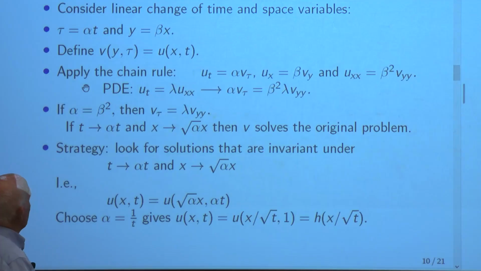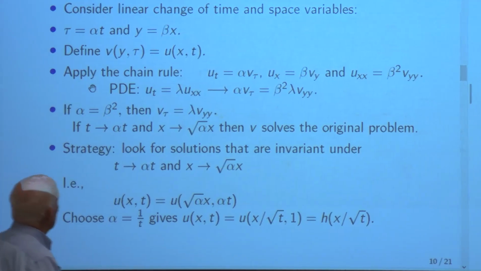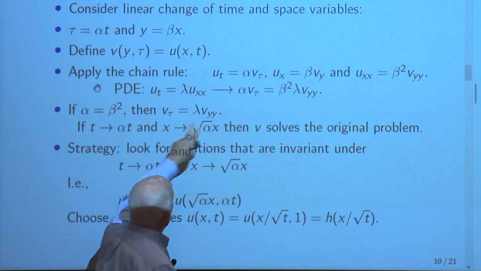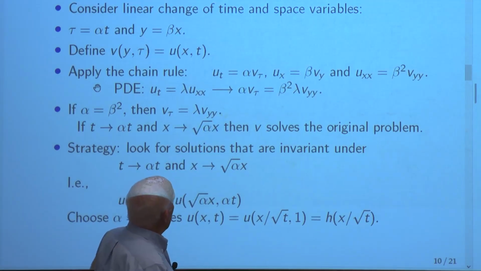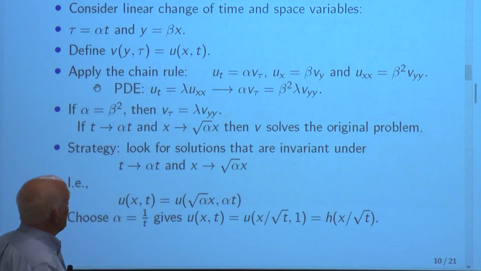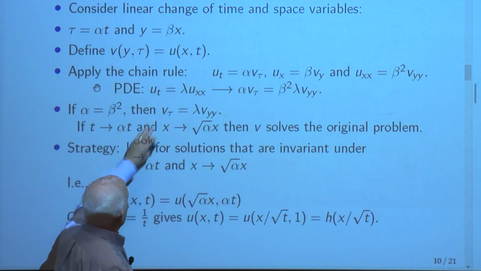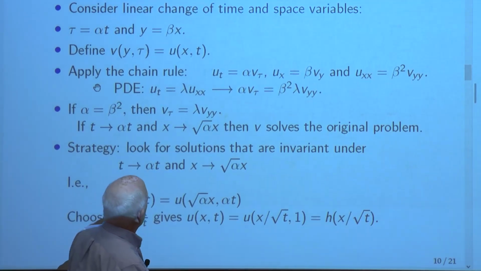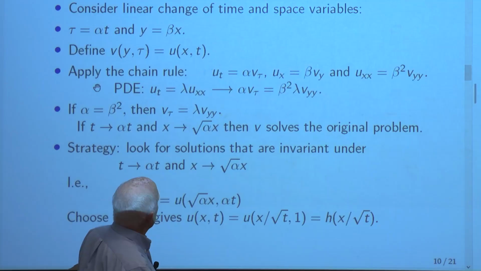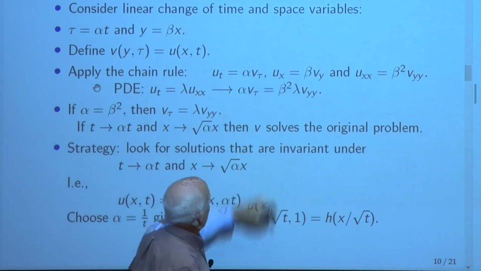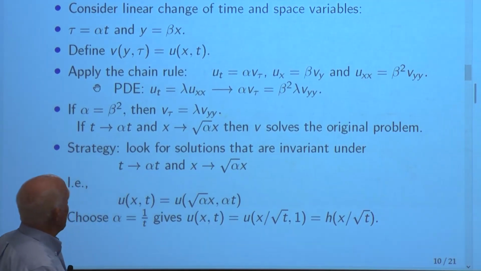And so if we apply the chain rule to ut, we get alpha vt, and if we apply the chain rule to the partial of u with respect to x, we get beta vy, and the second partial of u with respect to x is beta squared vyy. And so we end up getting our initial heat equation in x and t to be this equation in terms of tau and y.